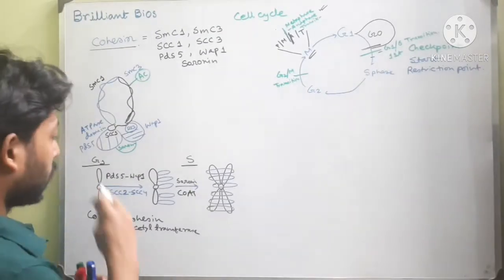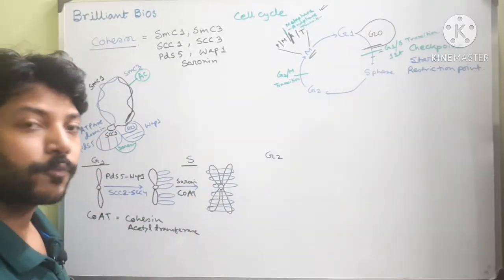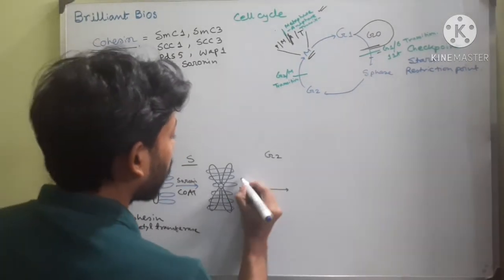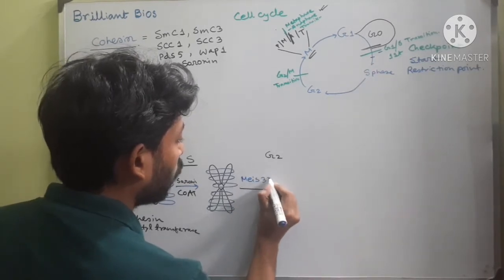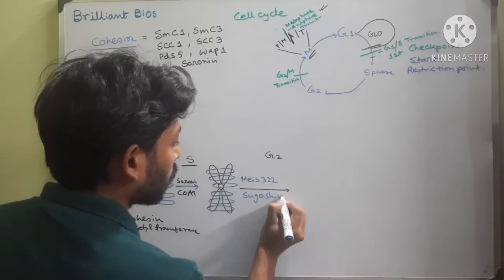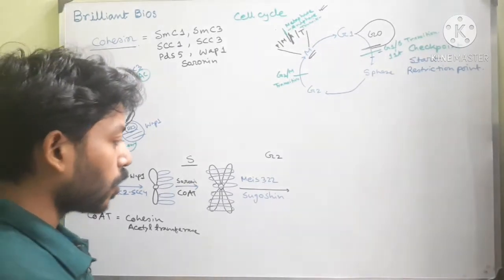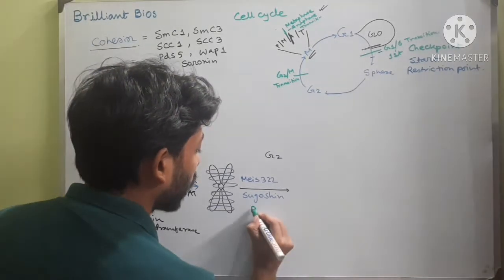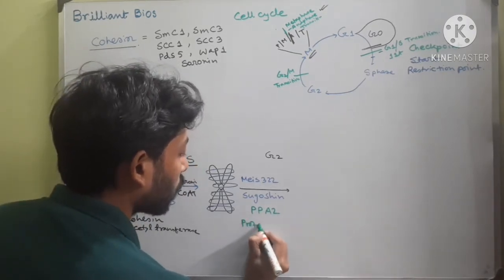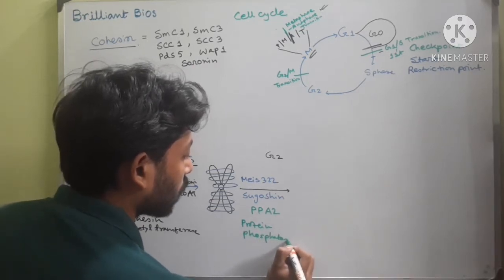In the G2 phase, two proteins perform a very important function. The names of the proteins are MEI-S332 and shugoshin. These two proteins recruit another important protein called PP2A. The full form of PP2A is protein phosphatase 2A.